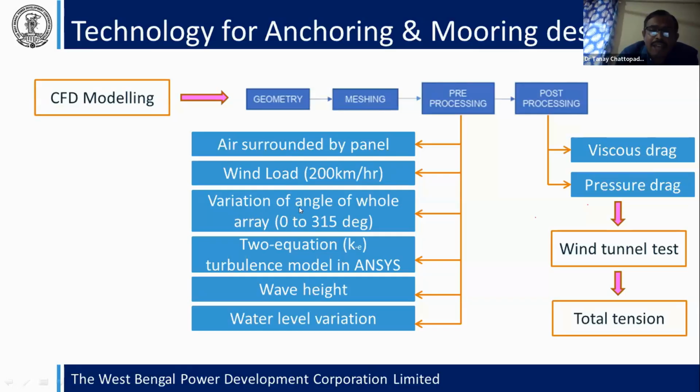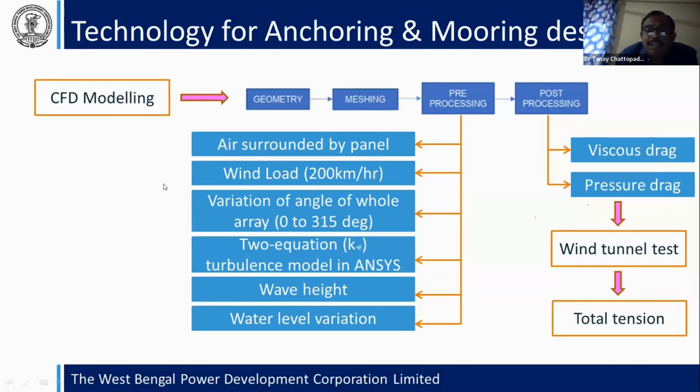Then we also vary the angle of the whole array, from 0 to 315-degree twist. We use the k-epsilon turbulence model of ANSYS, and we consider the 2-meter wave height and also water level variation.